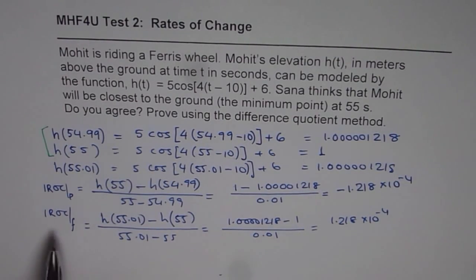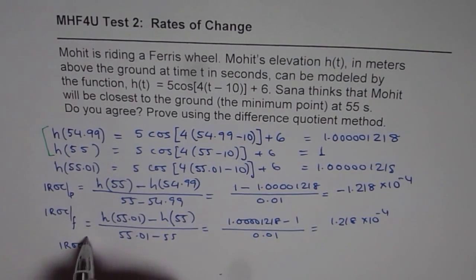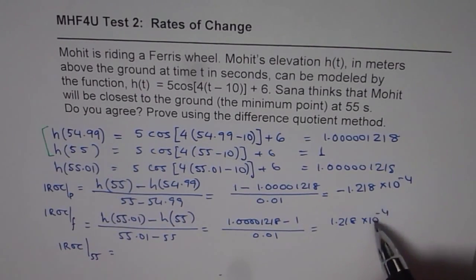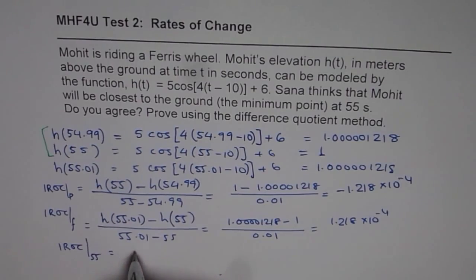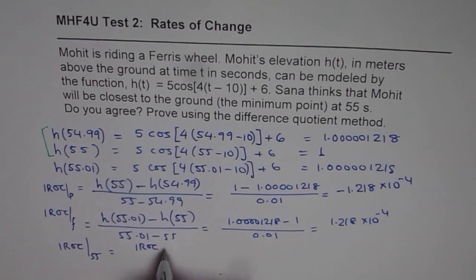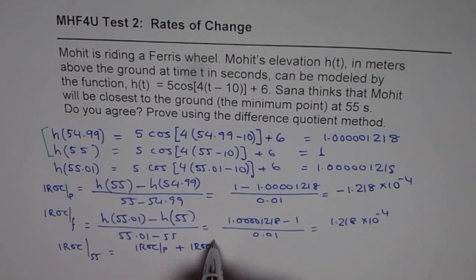So the instantaneous rate of change at 55 will be how much? It will be the average of these two, correct? You add the instantaneous rate of change preceding to the instantaneous rate of change following, and then divide by 2.